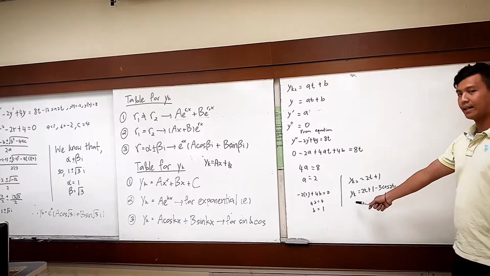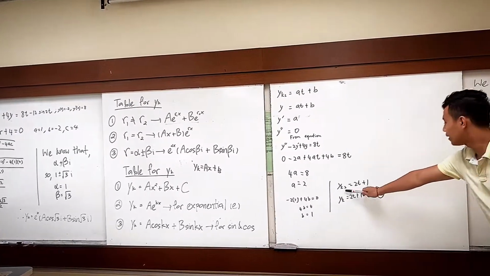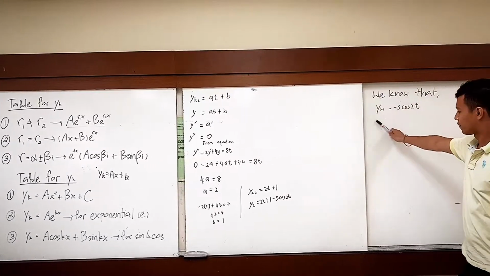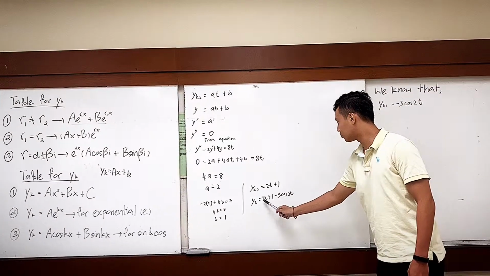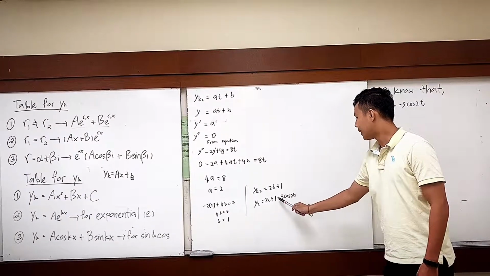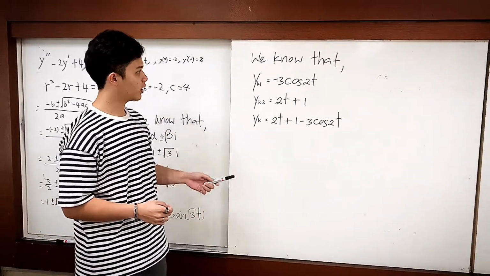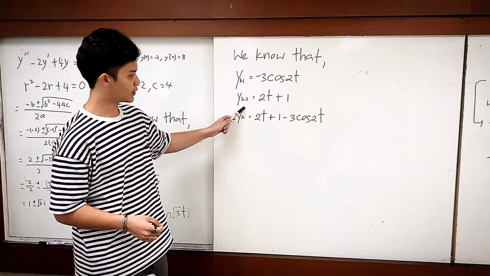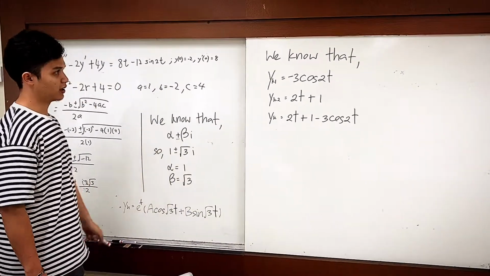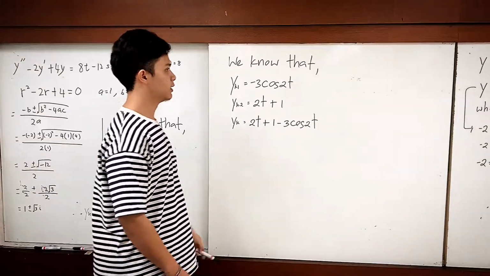So our YK, the combination of YK2 and YK1, becomes YK equals 2t plus 1 minus 3 cos 2t. Okay, so now we have YK1, YK2, and YH, and we're going to combine.